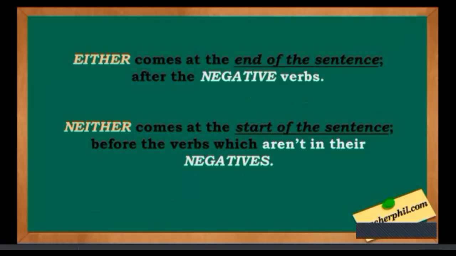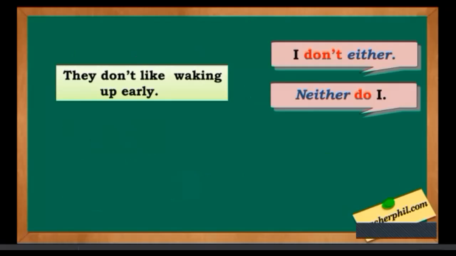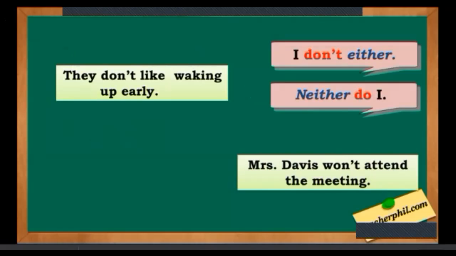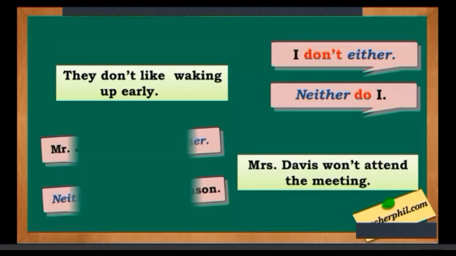Either comes at the end of the sentence, after the negative verbs, while neither comes at the start of the sentence, before the verbs which aren't in their negatives. Let's look at the samples one more time. They don't like waking up early. I don't either. Or neither do I. Mrs. Davis won't attend the meeting.